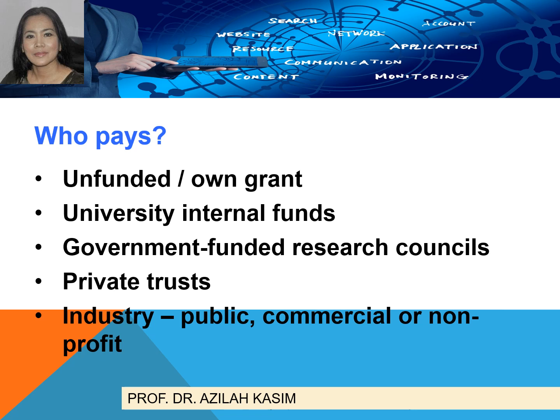You can also seek funding from government councils, or private trusts. That means you offer consultation to a private entity and get money from them. Or we can get the industry to fund the research.